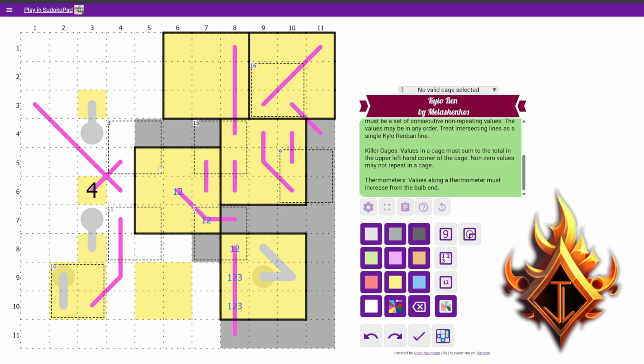4. This cannot be a 1 or a 2 now. So that must be a 3, and now it will make both of these gray, because that is done. Okay, and now this one must be part of that. It will go that way.